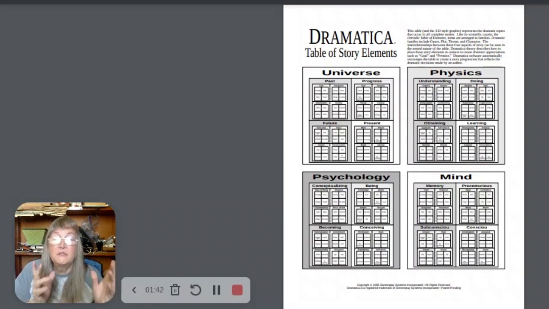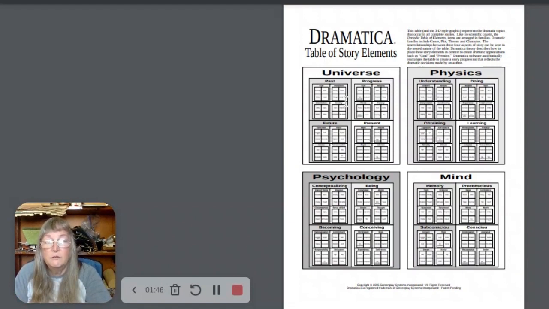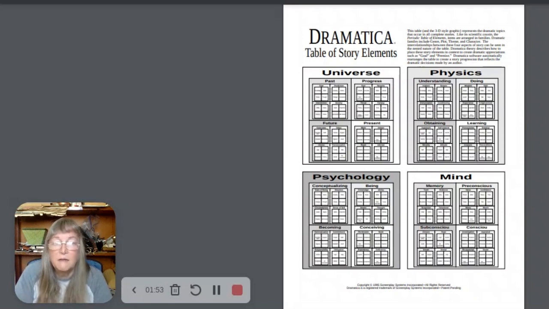All right, returning now to this first image, let's add a little bit to that. We talked about how universe, physics, mind, and psychology, going clockwise around the table of story elements, are the families of elements in narrative, the same way that the rare earths and the noble gases are families in the periodic table in chemistry.